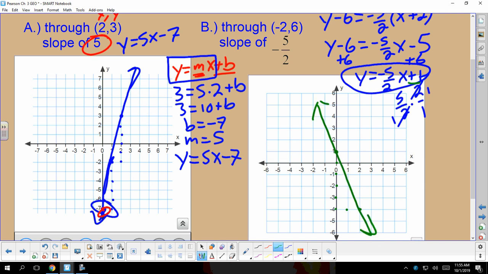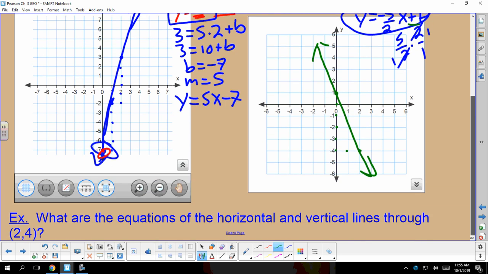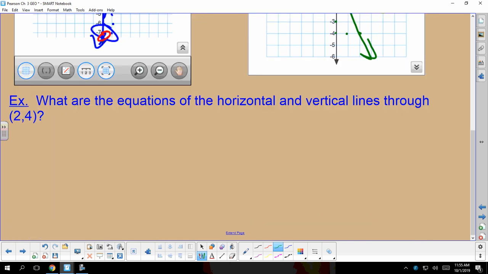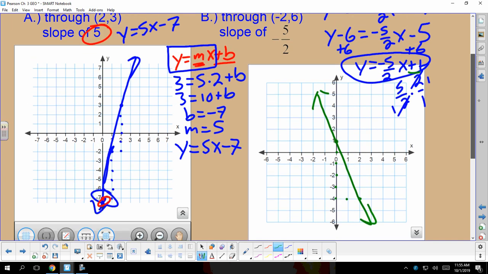One thing I always go back and do is make sure I didn't go the opposite way. If this is a negative slope, I know it's going to go down from left to right. If we have a positive slope, like the first one over here in A, we're going up from left to right.